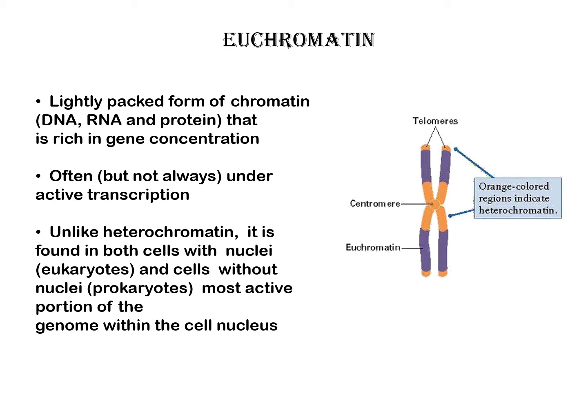Unlike heterochromatin, it is found in both types of cells, that is prokaryotic cells and eukaryotic cells. It is the most active portion of the genome which lies in the nucleus.